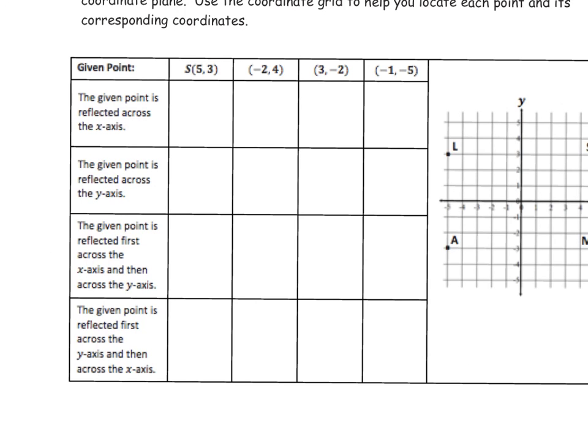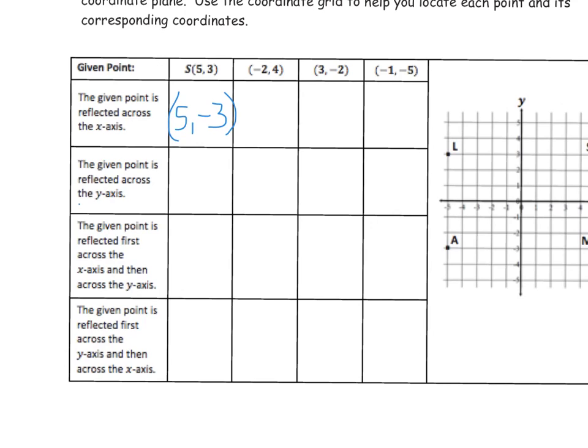Alright, this is going backwards. It's just hopefully solidifying how the location changes. So here's our given point. If the given point is reflected over the x-axis, that means the x stays the same and the y becomes its opposite.